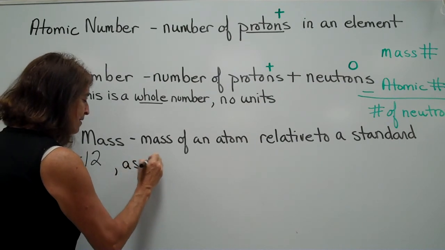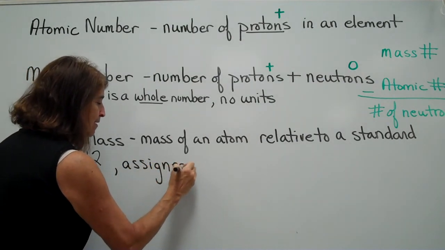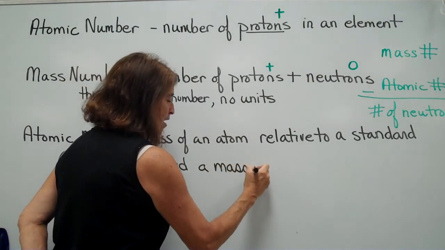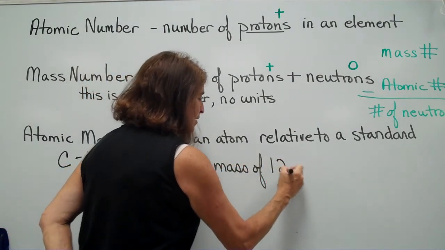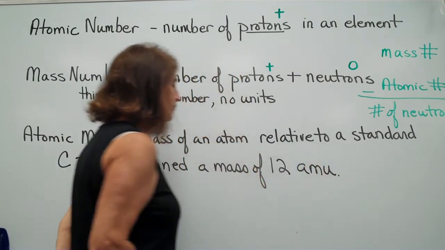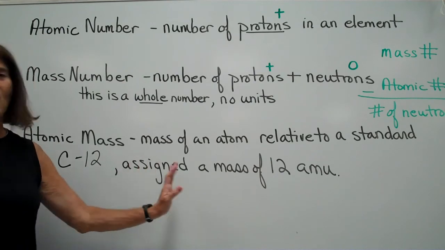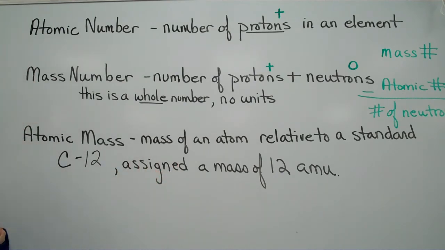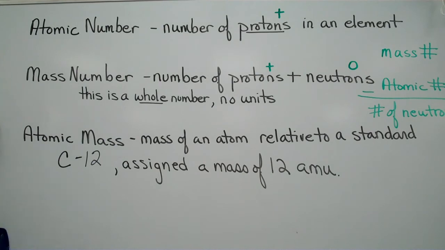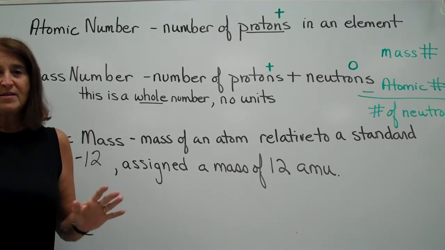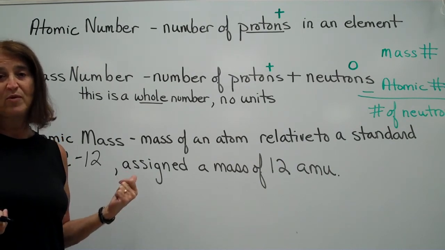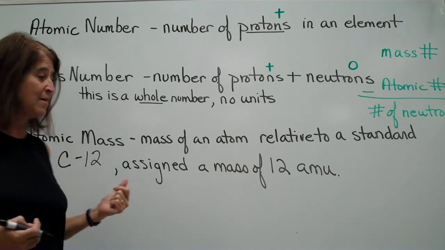Assigned a mass of 12 atomic mass units, AMUs. Now we're going to compare all other atoms to this carbon atom. How are we going to do that? Well, this is going to allow us to determine the actual number for the atomic mass on the periodic table.